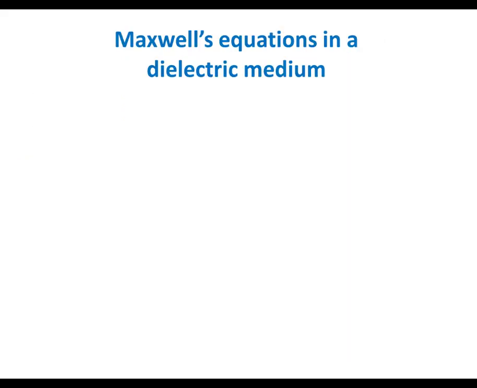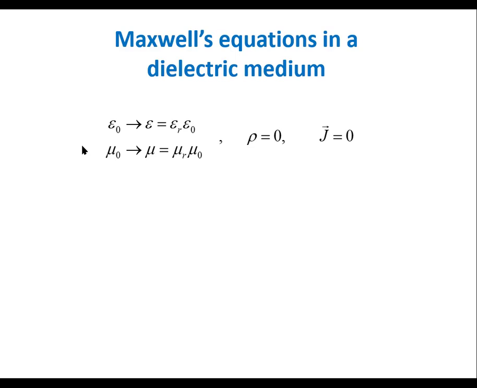We can do this whole practice for a dielectric medium also. A dielectric medium is also defined by vanishing charge density and current density. The only difference between free space and dielectric medium is in the value of coefficients epsilon and mu. For a dielectric medium, epsilon naught and mu naught are replaced by epsilon and mu, the values of which can be found by multiplying the respective terms with the relative terms epsilon r and mu r.